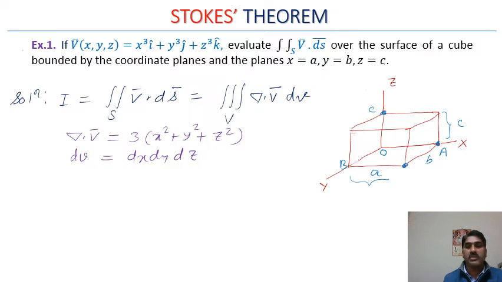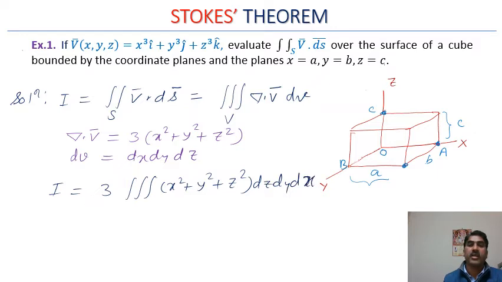Now in these terms, I becomes 3 times the volume integral of x square plus y square plus z square dz dy dx. I have written it in reversed order, dz dy dx, for a special purpose. So let us put the limits.